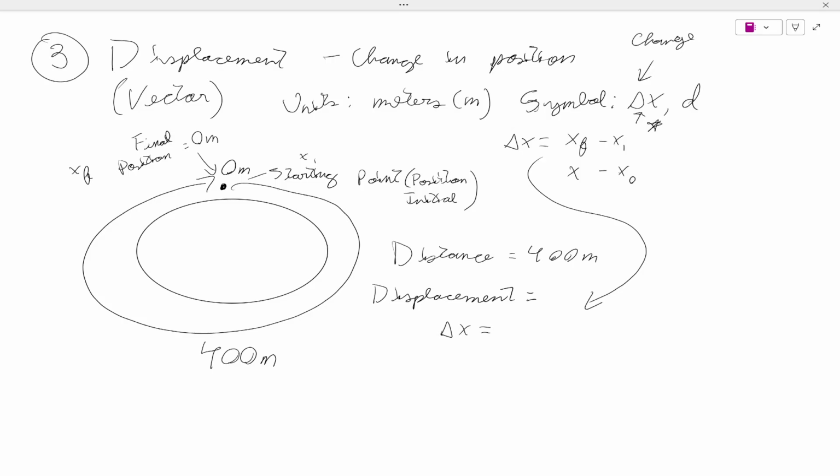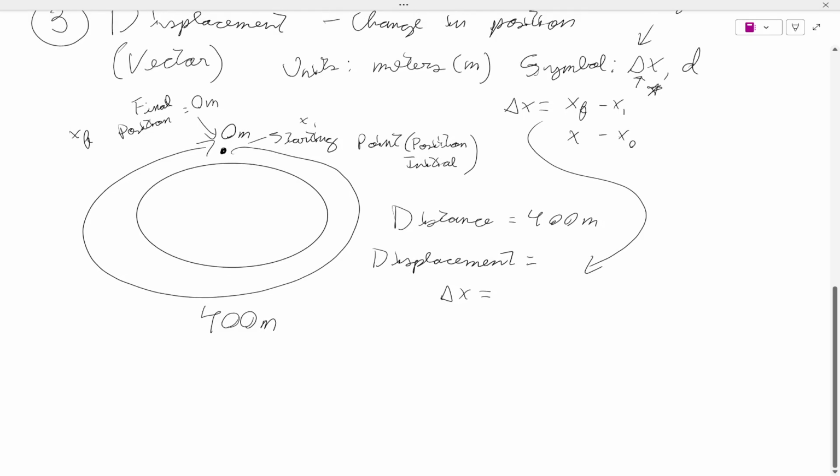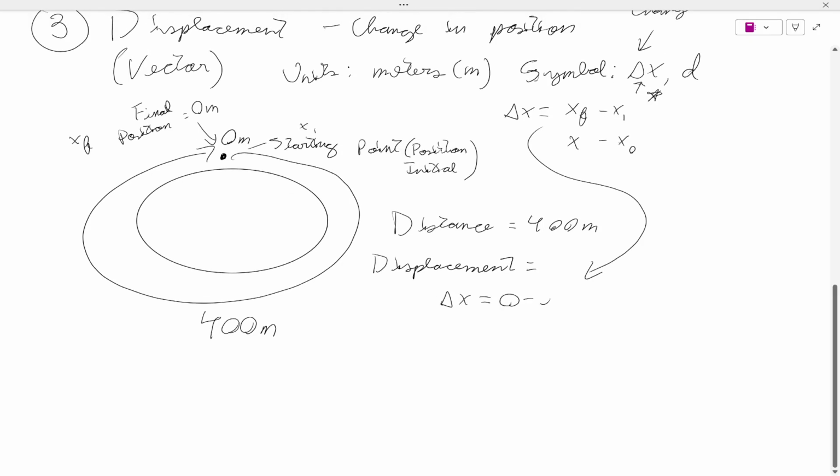So our change in position is the actual change in positions we have from final to initial. How much have we actually moved relative to ourselves or the track, really? And 0 minus 0 equals 0. So displacement actually ends up being 0 meters. Right?